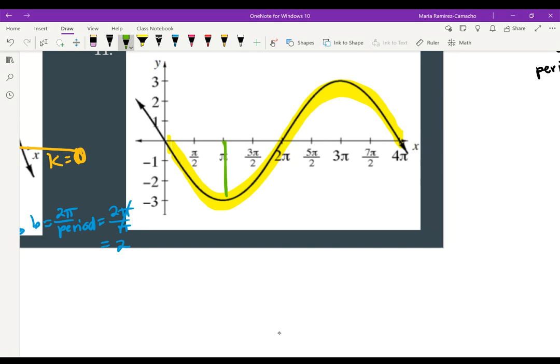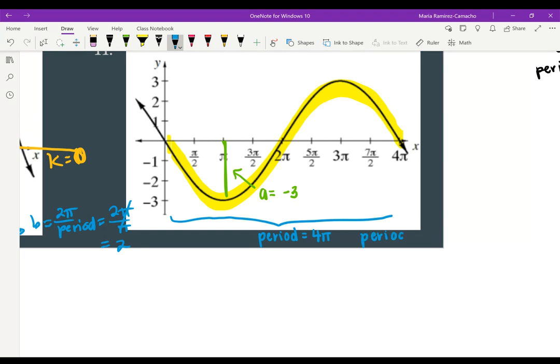So our amplitude is going to be negative. In this case, it's going to be -3. Notice that the length of one cycle, aka the period, is 4 pi, because we're starting our cycle at 0, ending at 4 pi.